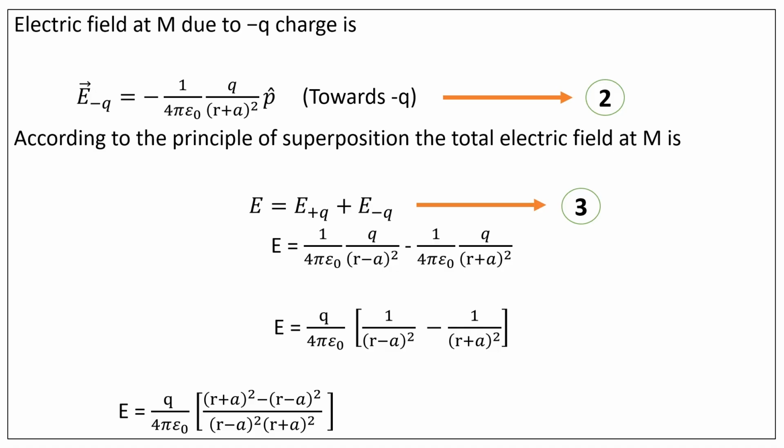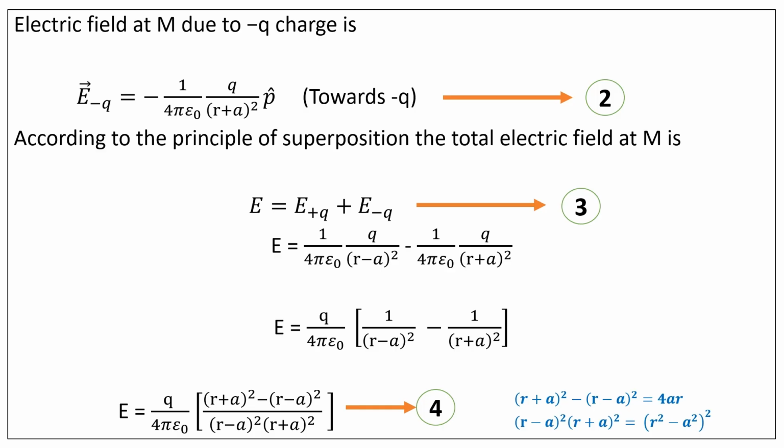Therefore, on cross multiplying, E is equal to q by 4 pi epsilon naught into bracket (r plus a) whole square minus (r minus a) whole square by (r minus a) whole square into (r plus a) whole square. Mark it as equation number 4.